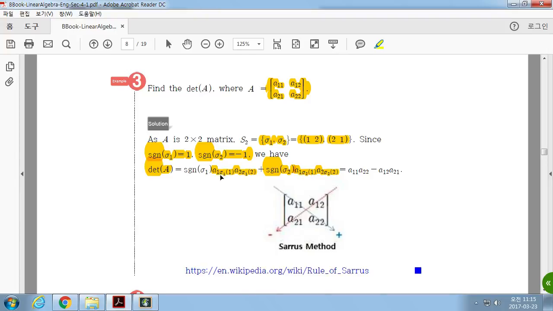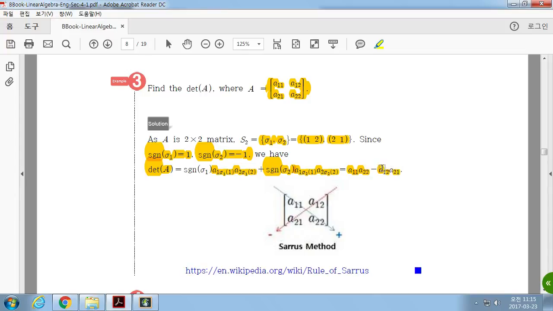Here, sigma 1 of 1 sends 1 to 1, so A11. 2 goes to 2, so A22 here. And this is an even permutation, so we multiply by plus 1. Here, sigma 2 sends 1 to 2, so A12, and 2 goes to 1, so A21 here.